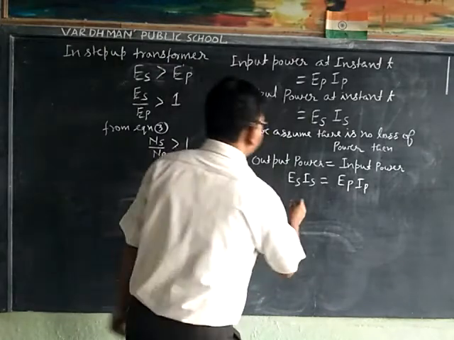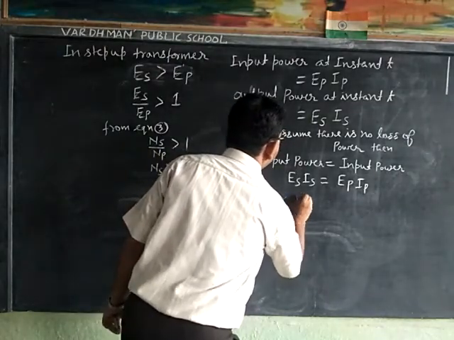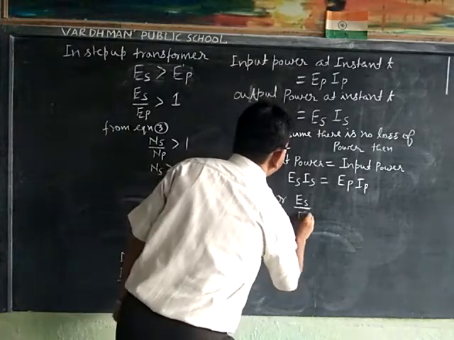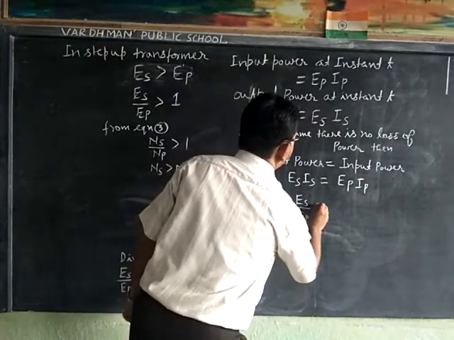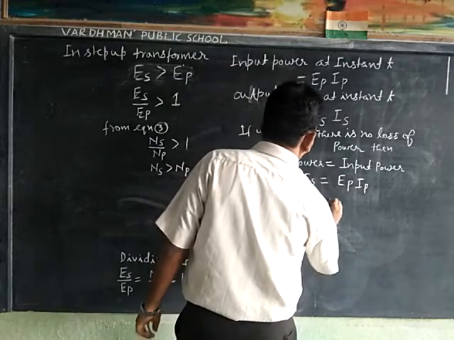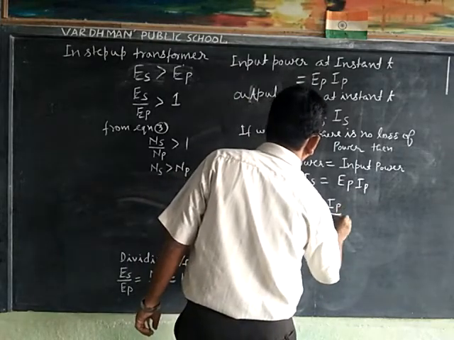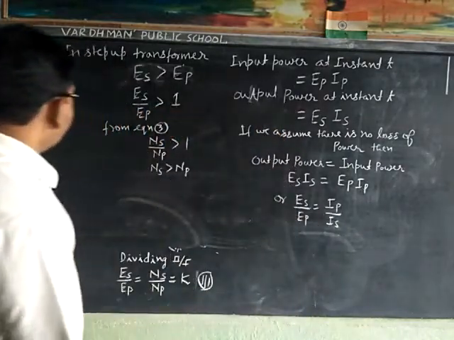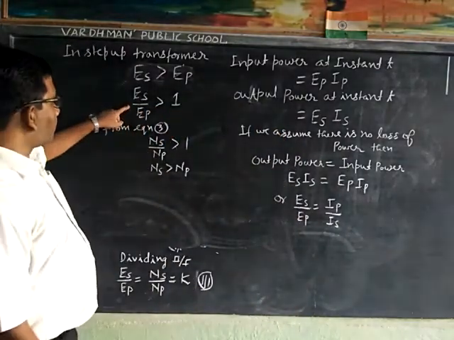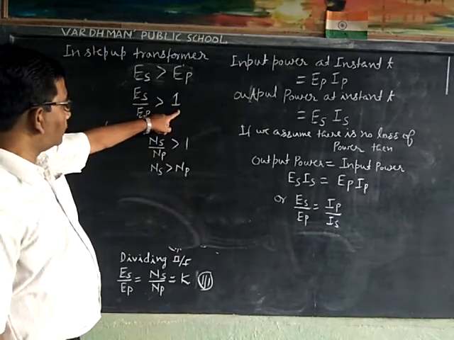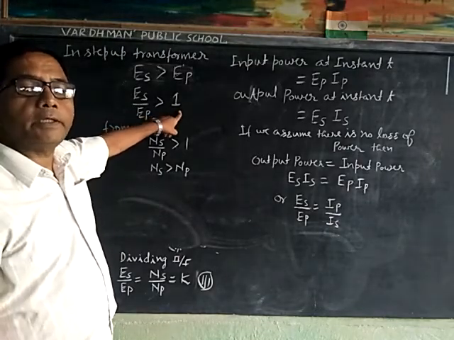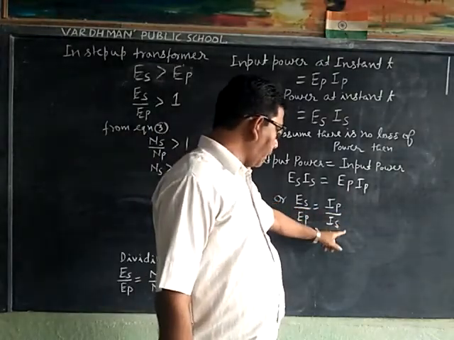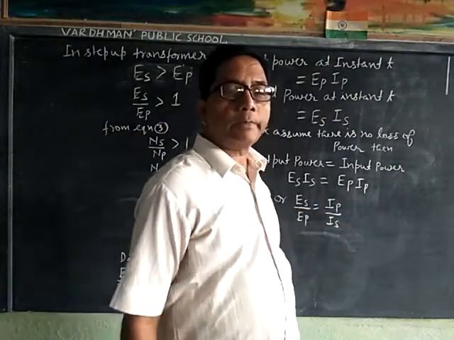We can write ES upon EP is equal to IP upon IS. We have already seen ES upon EP is greater than 1. Therefore, IP upon IS is also greater than 1.